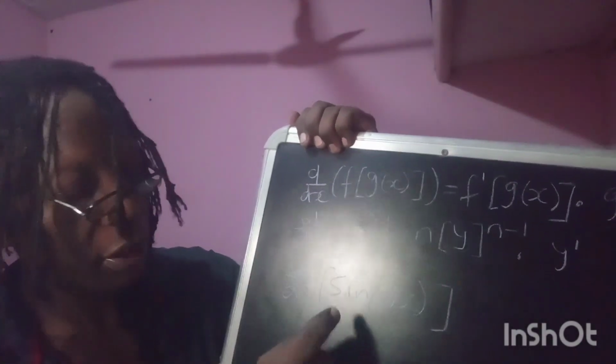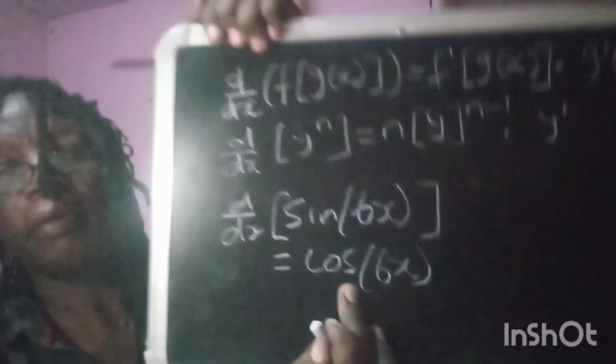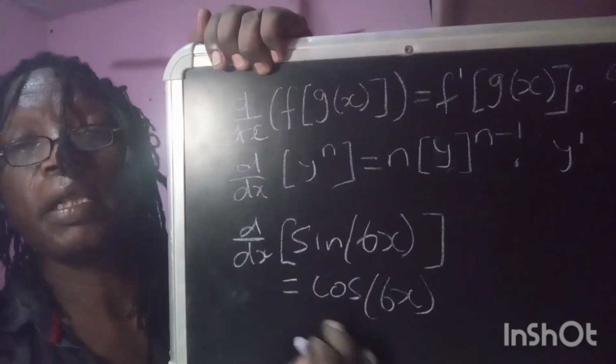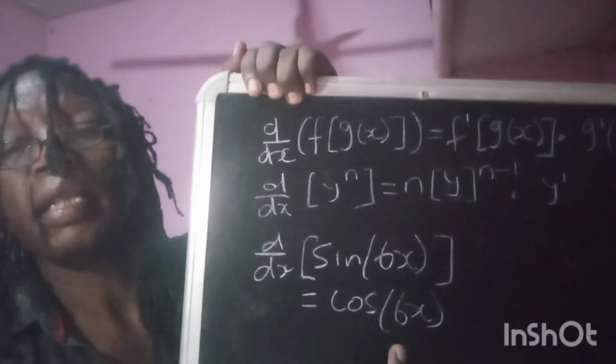Now we differentiate the sine, it will be cosine. So this will be equal to cosine. The inside will remain the same, which is 6x. Like here I've written cosine 6x remains the same. We differentiated sine to cosine, this remains the same, and then we differentiate the inside, which is this one.